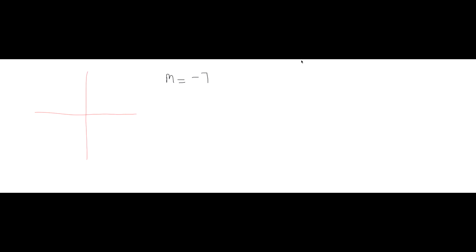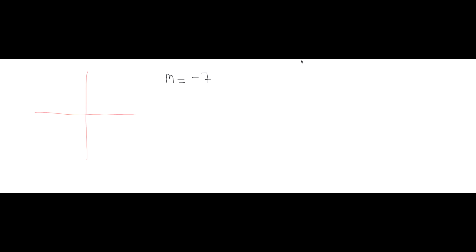Okay, graph the line that goes through 1, 2 and has a slope of -7. But before I graph it, if my slope is -7, what does my line look like? Am I driving uphill or downhill? Downhill.